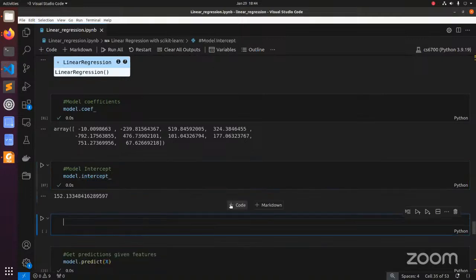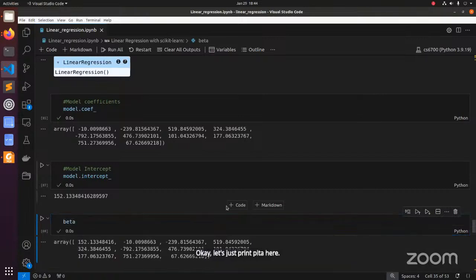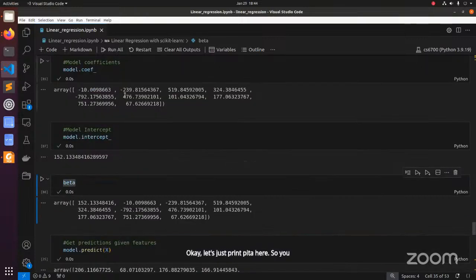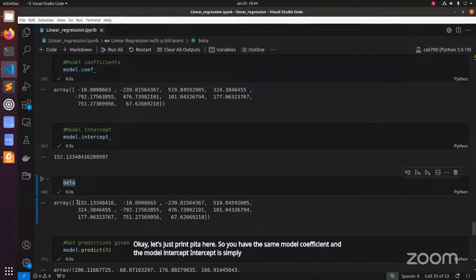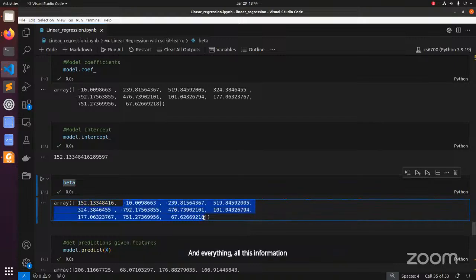Let's just print beta here. So you have the same model coefficients and the model intercept. Intercept is simply beta naught, and all this information is beta 1 to beta n.